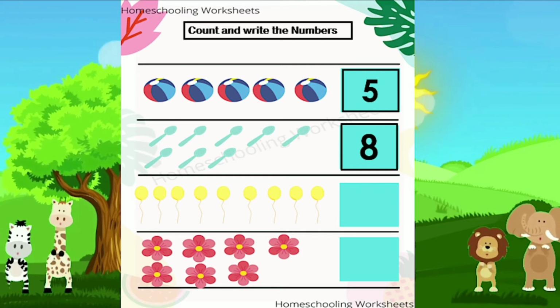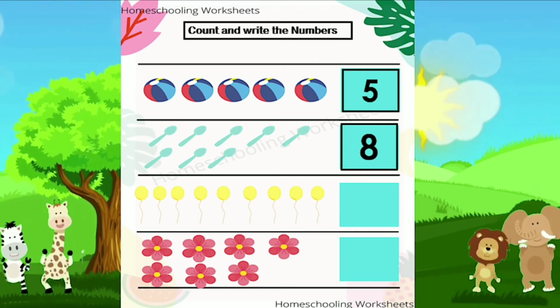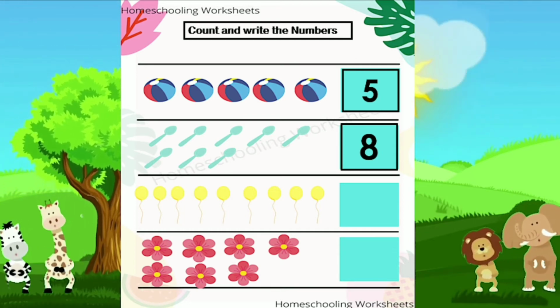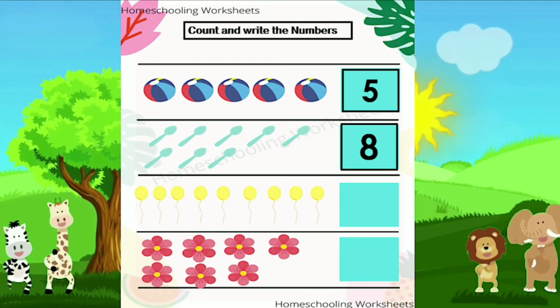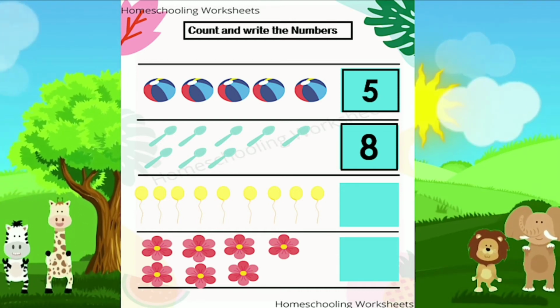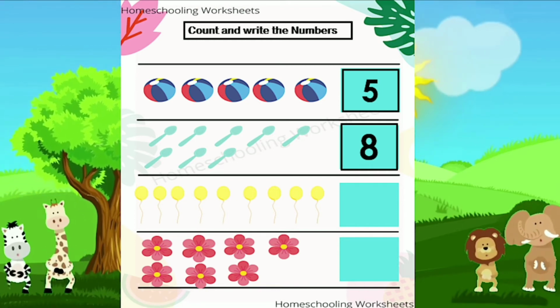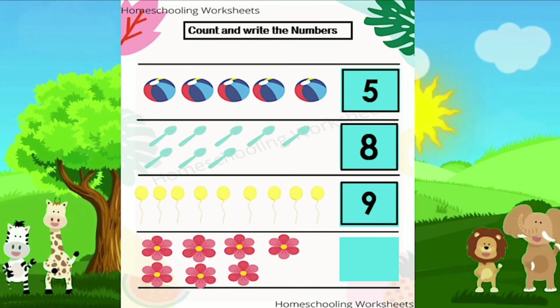8 spoons are there. Now let's count how many balloons are there. Let's start. 1, 2, 3, 4, 5, 6, 7, 8, 9. 9 balloons are there.